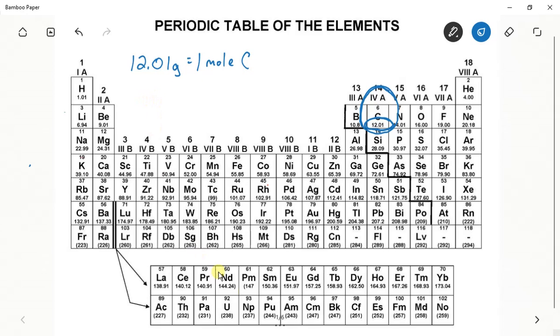We have 6 moles of carbon. So that means we want to multiply this 12.01 grams times 6 for 6 moles of carbon. So that's going to give you 72.06 grams in 1 mole of carbon sub 6. So let's take this 72.06 grams back to our worksheet.